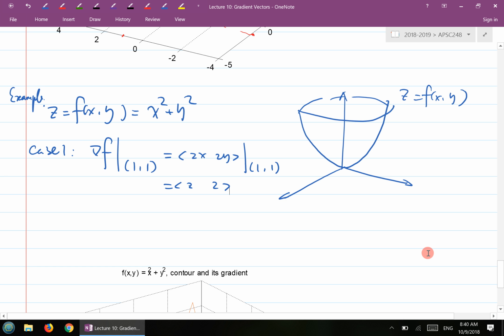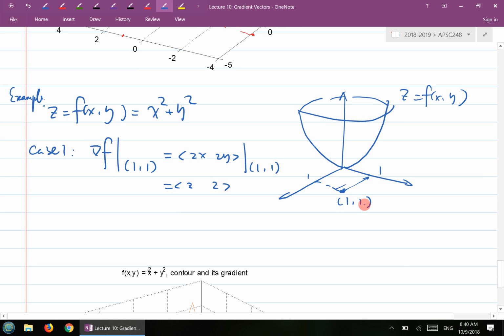This additional curve involves the so-called level curve. Let's take a look at this particular coordinate (1, 1). If I find the (1, 1) in here, this is 1, this is 1, here is the (1, 1) point.